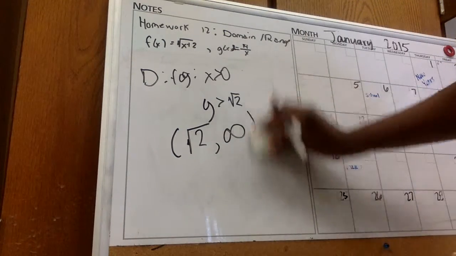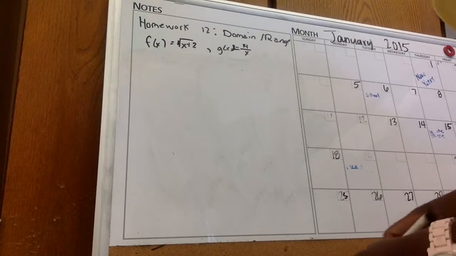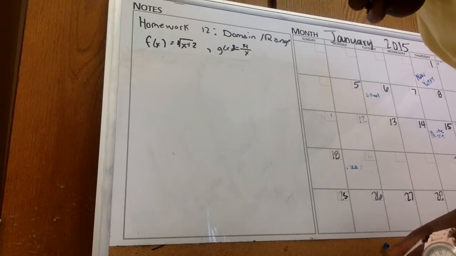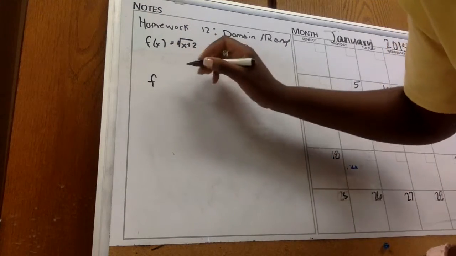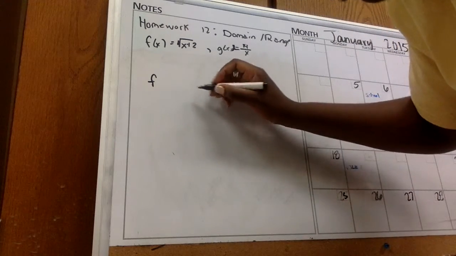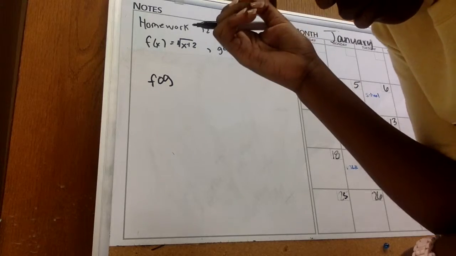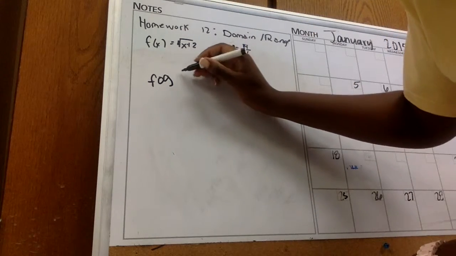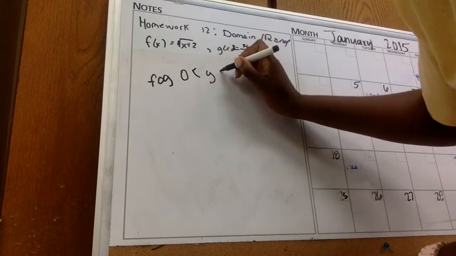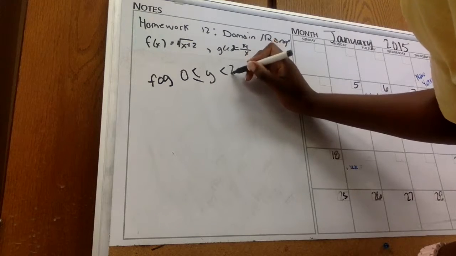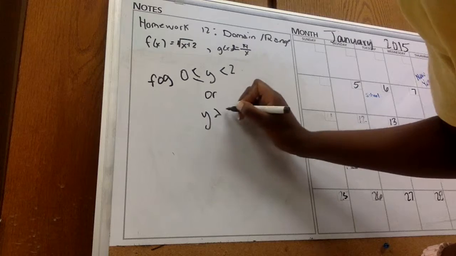So now if you want to put it all together, we see that the range of f of g is 0 up to square root of 2, or y greater than square root of 2.